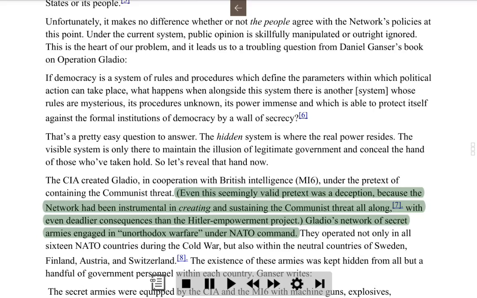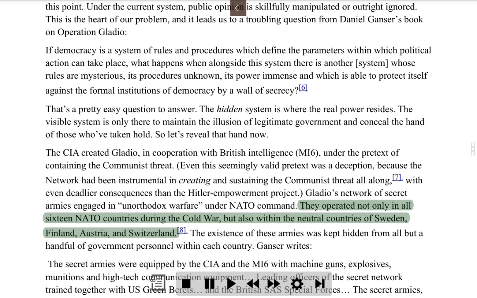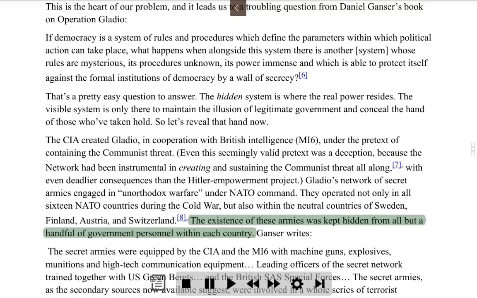With even deadlier consequences than the Hitler Empowerment Project, Gladio's network of secret armies engaged in unorthodox warfare under NATO command. They operated not only in all 16 NATO countries during the Cold War, but also within the neutral countries of Sweden, Finland, Austria, and Switzerland. 8. The existence of these armies was kept hidden from all but a handful of government personnel within each country.